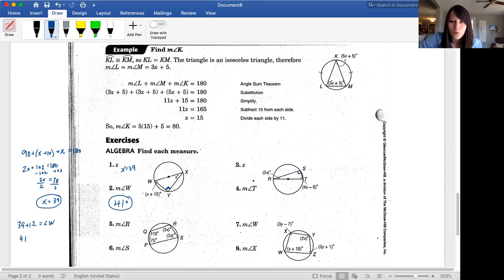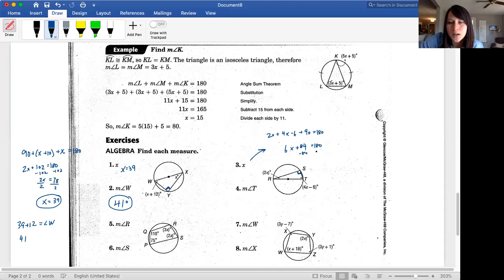Okay, number 3 and 4, why don't you guys try that out? Pause it and try it out. So number 3, 2x plus 4x minus 6 plus 90 degrees. Don't forget about your third angle equals 180. This is like the third angles theorem that we know, right? And this would be 6x plus negative 6 plus 90 is 84 equals 180.